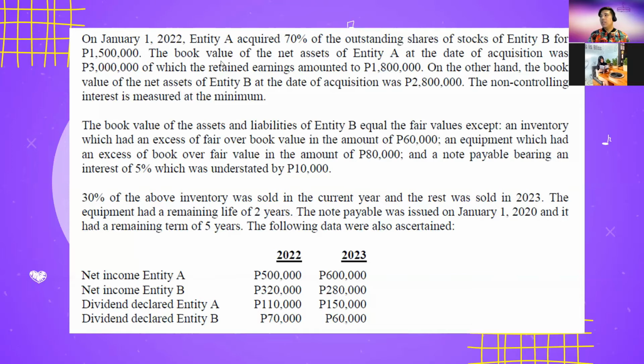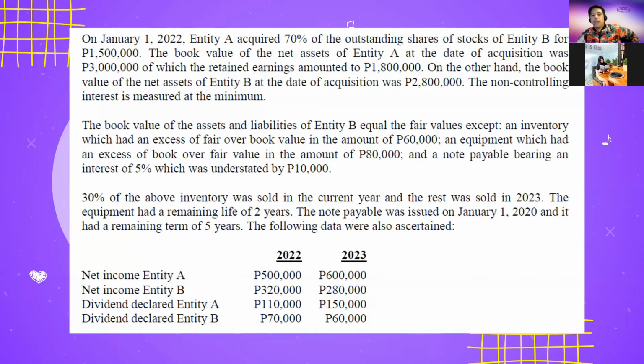So dito, binigay yung net book value of net assets of Entity A at the date of acquisition was 3 million, of which retained earnings amounted to 1.8 million. So tingnan natin kung relevant yun later. On the other hand, the value of the net assets of Entity B at the date of acquisition was 2.8 million. The non-controlling interest is measured at the minimum. O ito class.